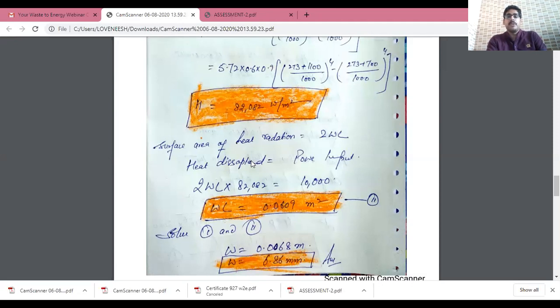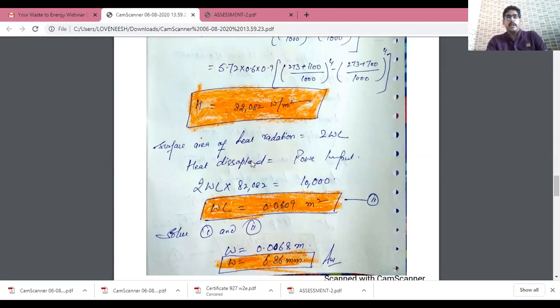Now similarly, as you had seen in the previous numerical, you have two equations. In the first equation, it is a relation between W and L, and the second equation also a relation between W and L. Two equations, two unknowns, you can solve, and you can get that width will be equal to 0.068 meter, or you can say that your width will be equal to 6.86 mm.